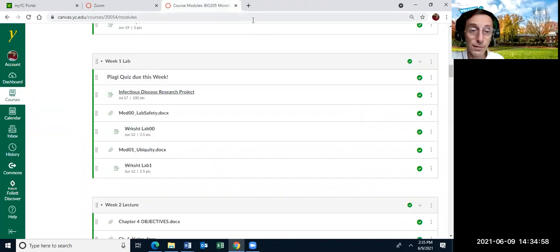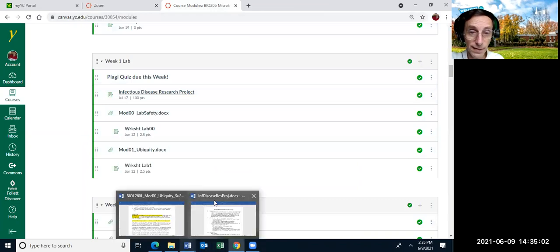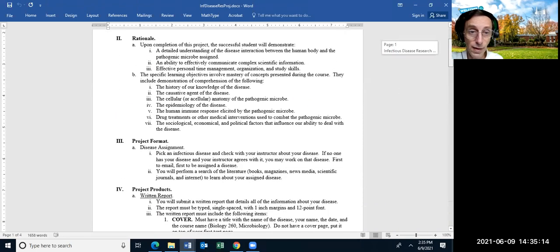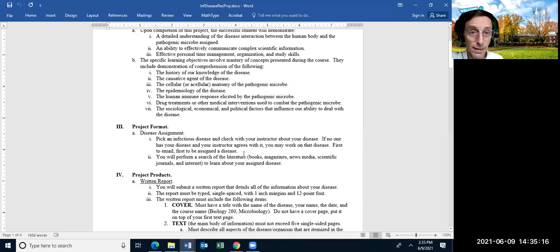But yeah, you should take a look at that and read it. I'm only going to go over it briefly because I'm assuming you've read it. And if you haven't read it, you need to read it. So the introduction of the Infectious Disease Project, the rationale of the project, you guys can read about that.